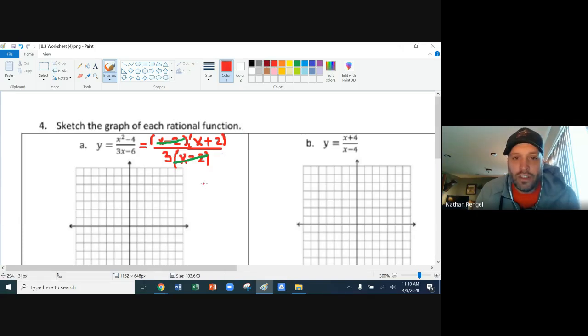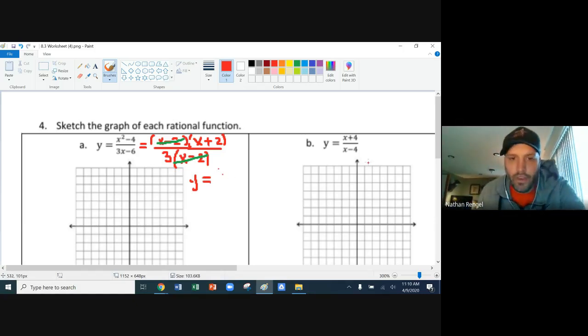And then whatever's left, I'm going to rewrite that. Y equals x plus 2 over 3. Sorry about that.